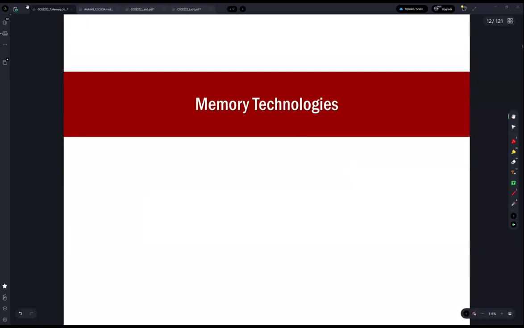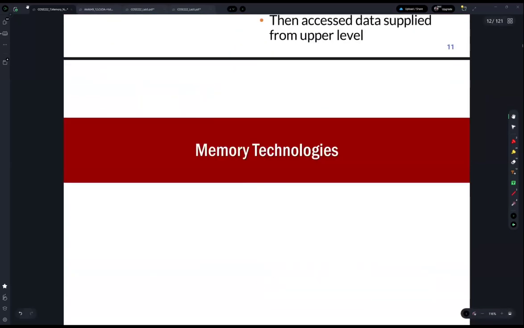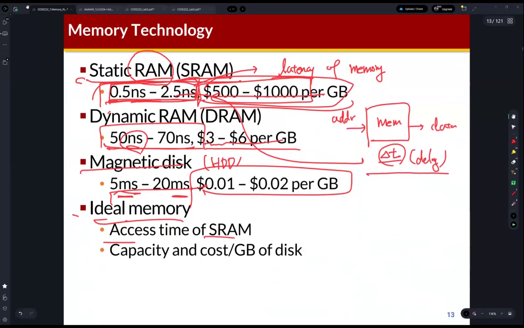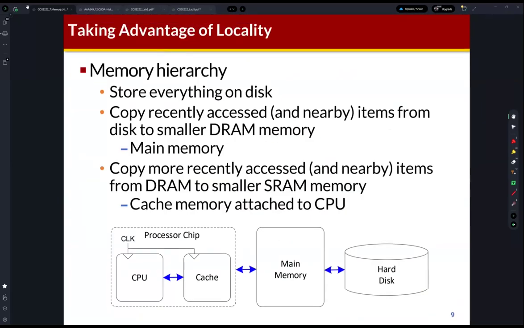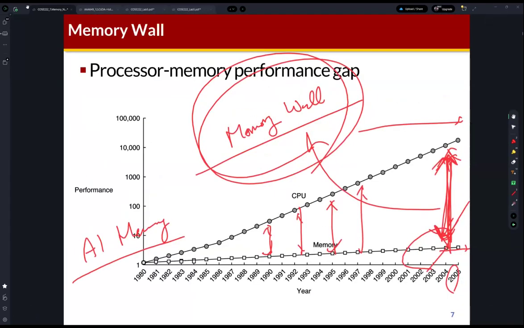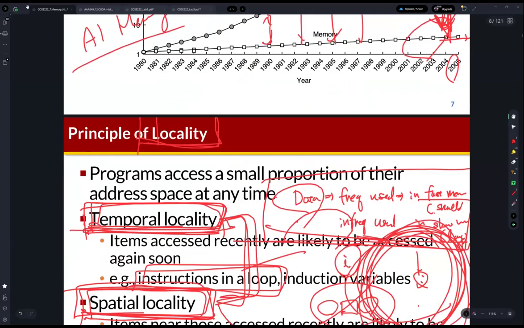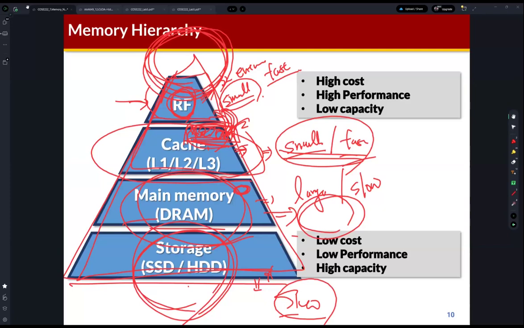Okay, so I will explain the memory hierarchy chapter. In the previous class we learned why memory performance is important for the performance of the entire computer system, and also about the memory hierarchy. So why do we use memory hierarchy?